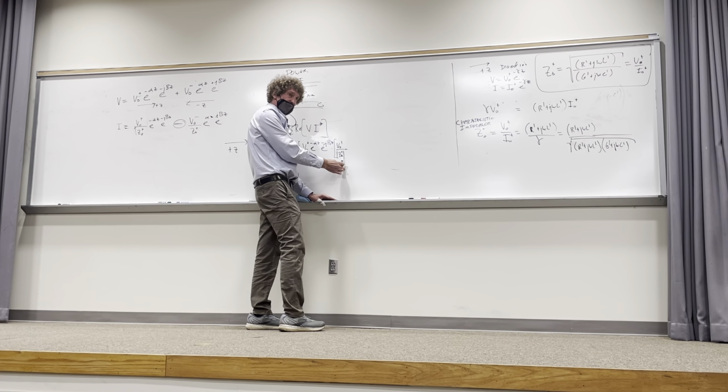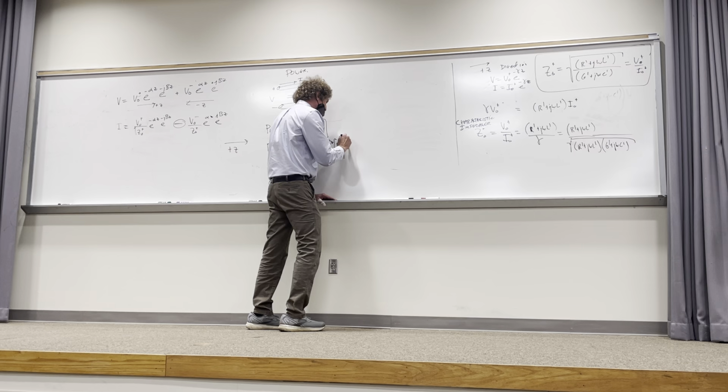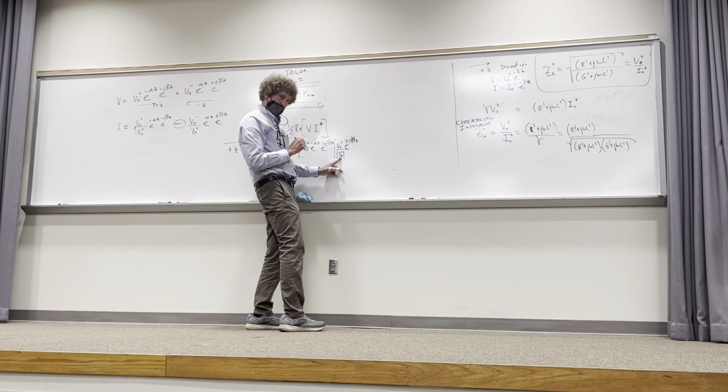You can put the phase angle like that, but if we take it up top in the numerator, then it would be e to the minus j, phase angle associated with theta Z. Just call it that. That's the phase angle here.